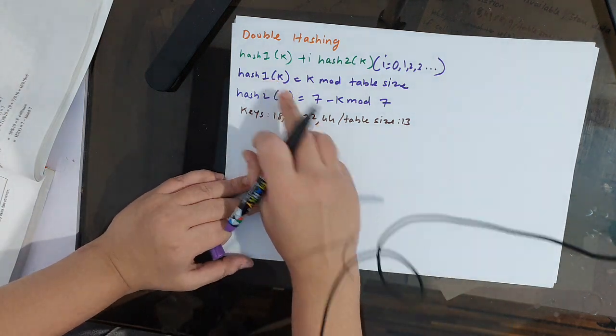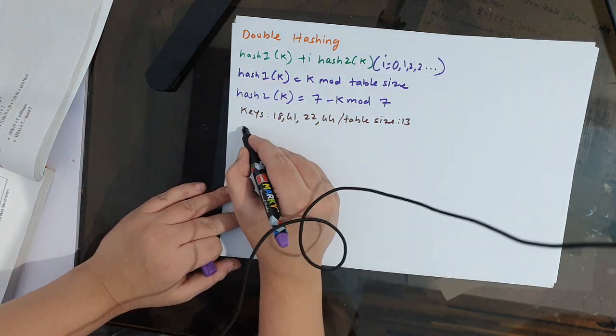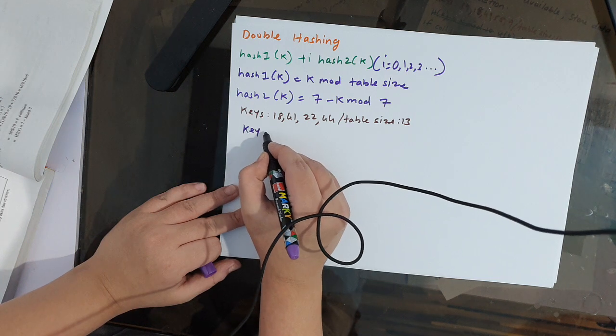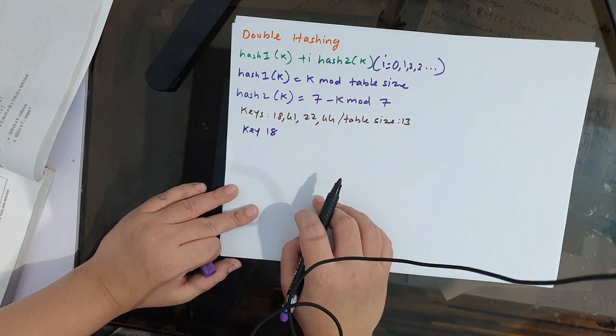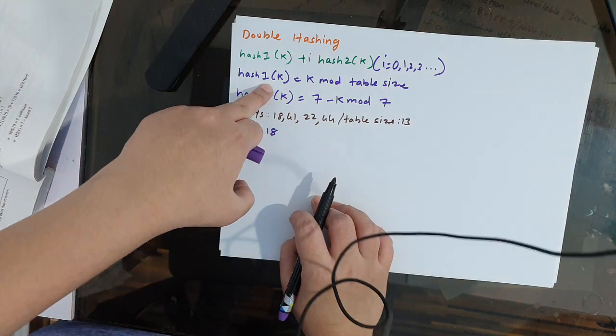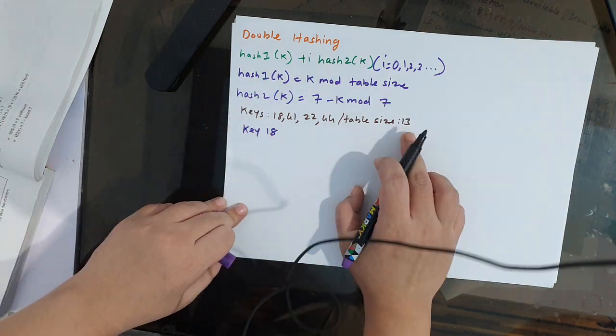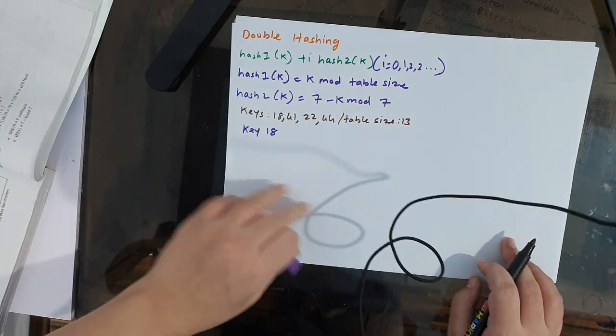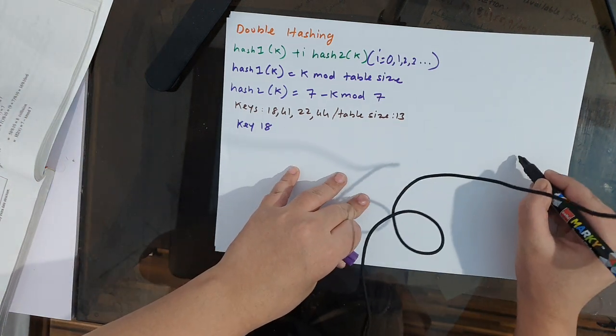The keys that we have are 18, 41, 22 and 44. So let's take up 18 and try the first hash function. Before that, the table size is 13, so let's make our array.